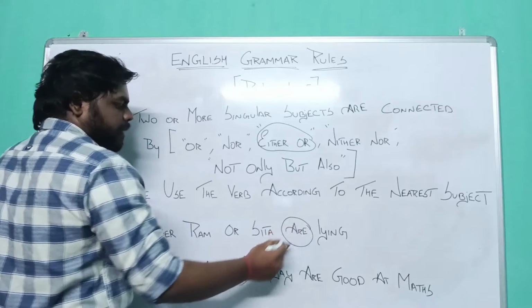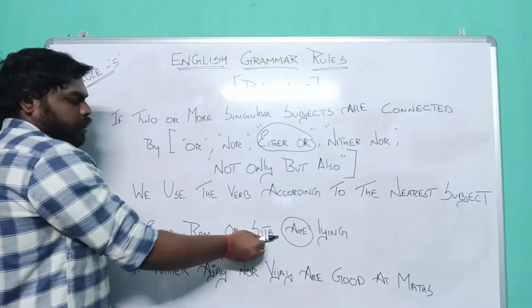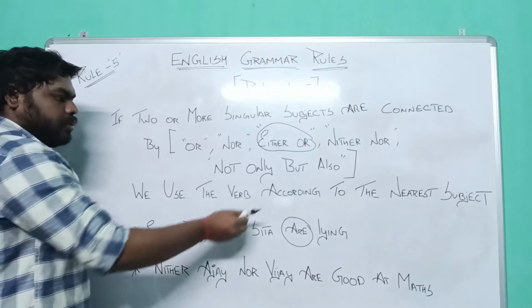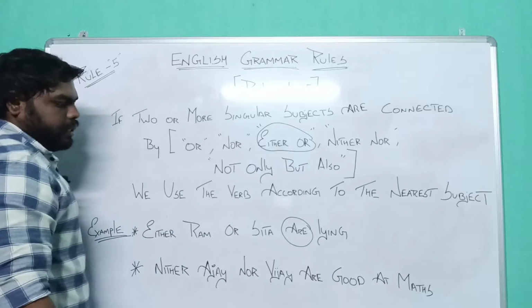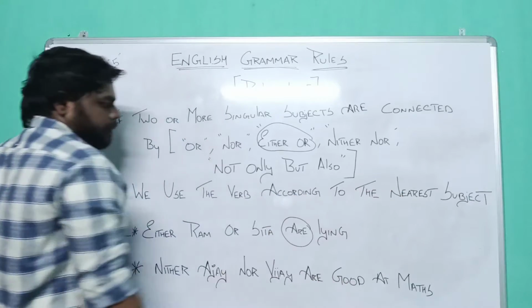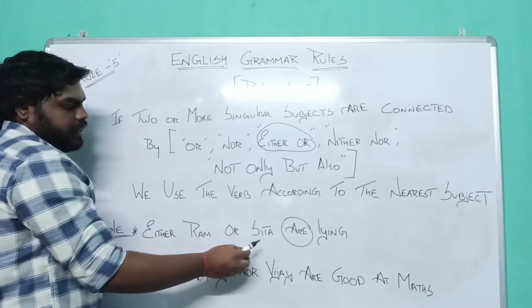Are is a plural verb, but the nearest subject is singular. So we should use a singular verb here. That is what rule number 5 is trying to say. We should use the verb according to the nearest subject. The verb is here and the nearest subject is a singular subject, Sita.